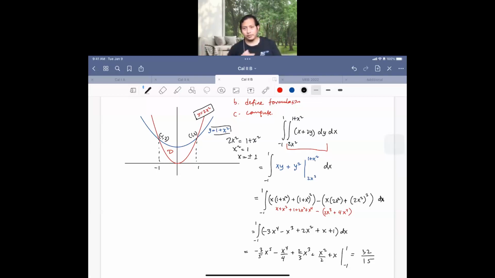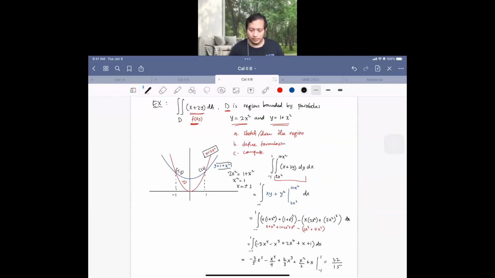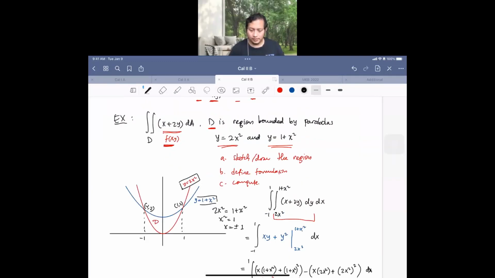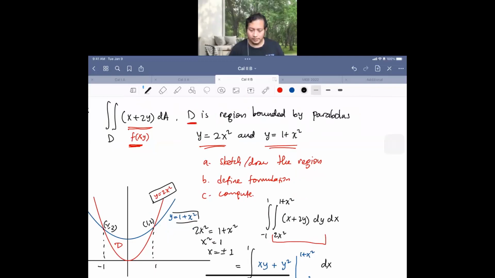Okay, we're going to the next example. So this is the first example. I believe the three steps here are essentially similar to Calculus 1 when you deal with the area between curves in the integral chapter 6, right?